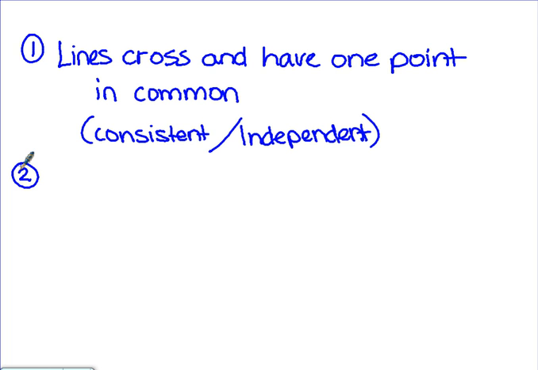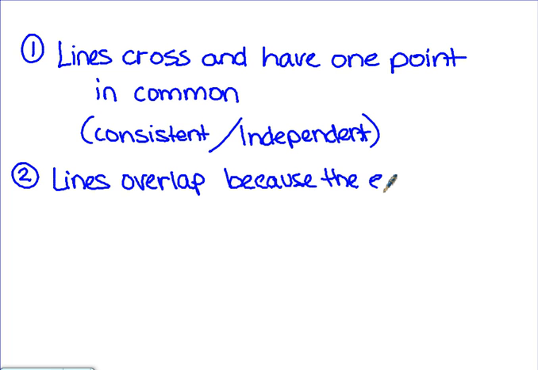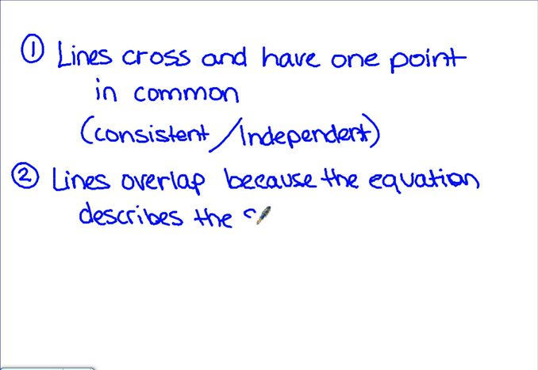The second option you can have is the lines overlap, because the equation describes the same line. If the lines overlap, and we're talking about the same line, obviously every solution to that equation is going to be true for both.